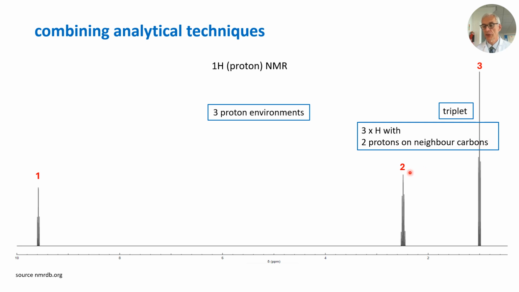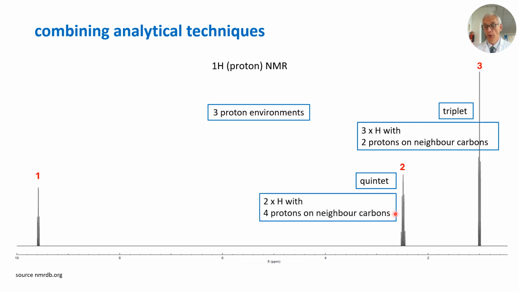If we move now to the central signal, there are 2 protons within this environment. If you look carefully, this is a quintet, there are 5 sub-peaks, 1, 2, 3, 4, 5. So that tells us that the number of protons on neighboring carbons is 4.